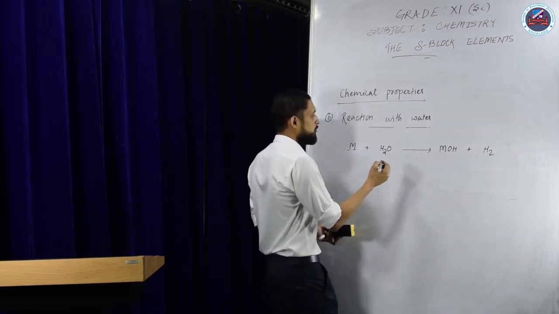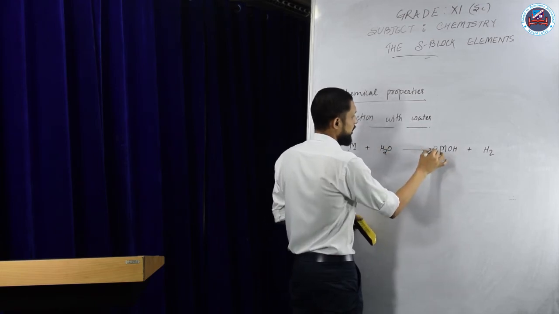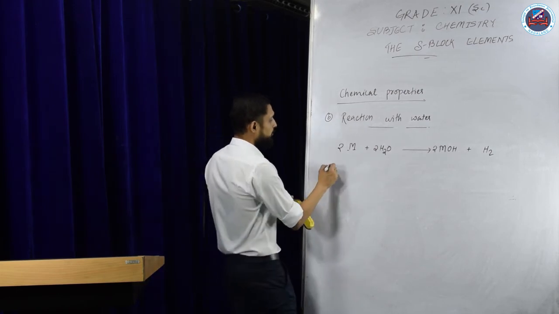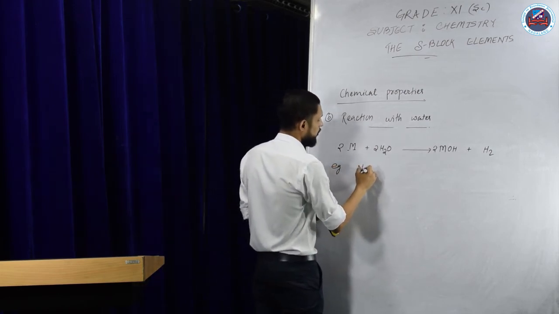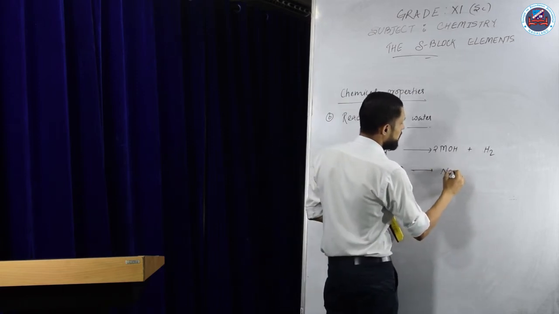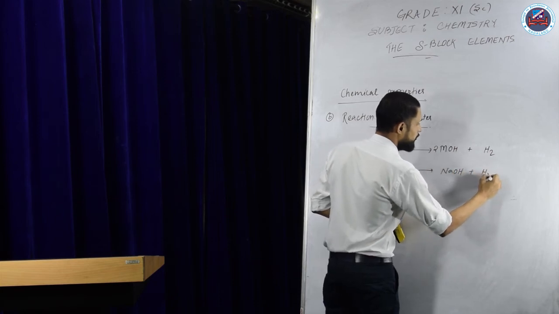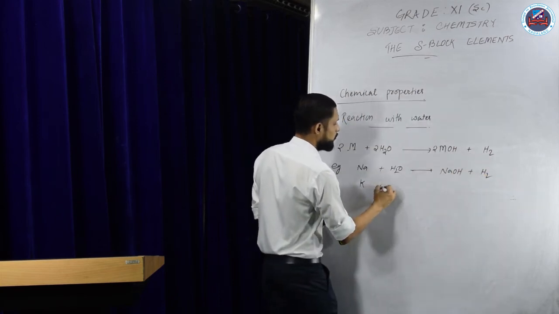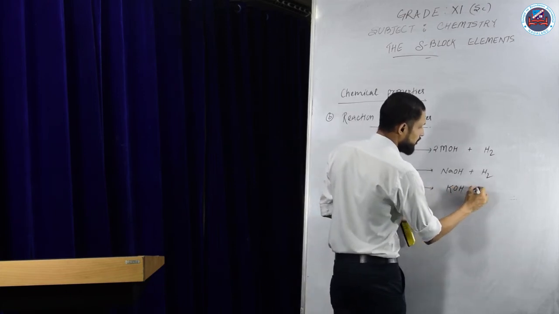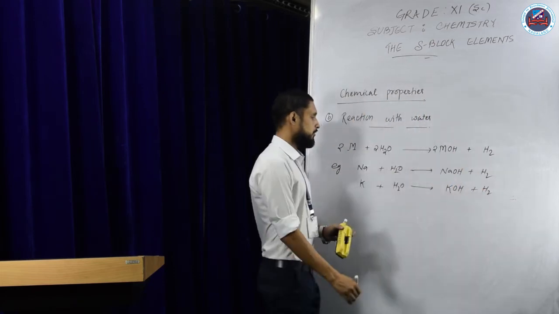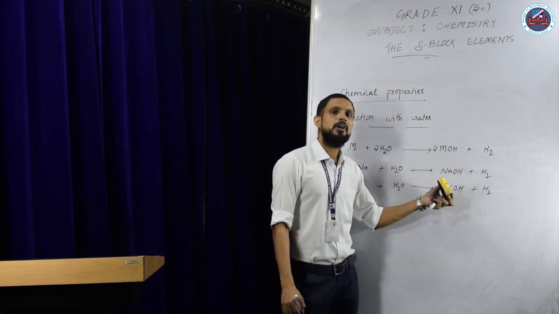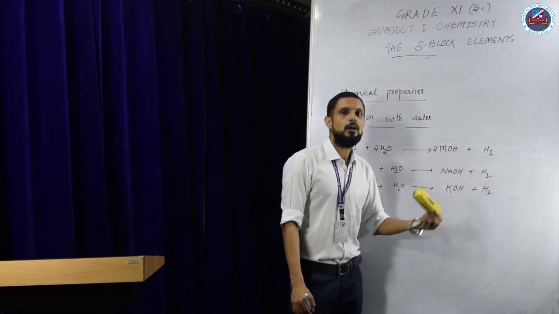To balance it, multiply by 2, 2, and 2. For example, if sodium reacts with water, it will form sodium hydroxide and hydrogen gas. If potassium reacts with water, it forms potassium hydroxide and hydrogen gas. Similarly, the rest of the elements will react with water to form hydroxide and hydrogen gas.